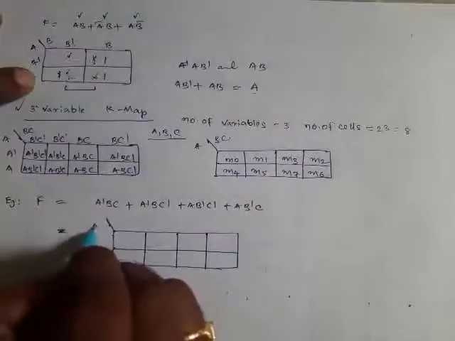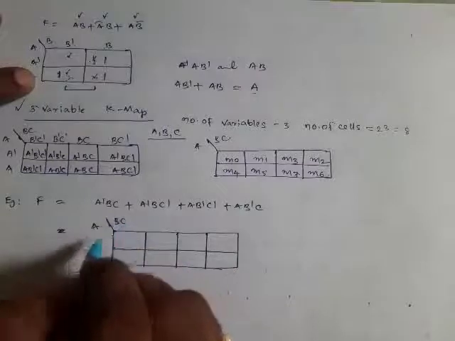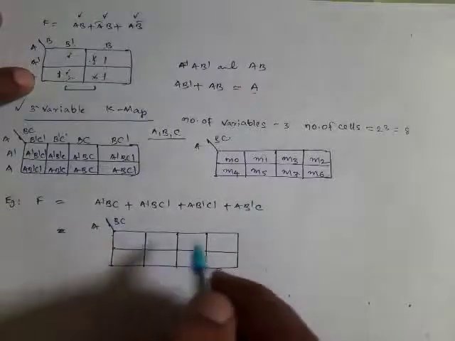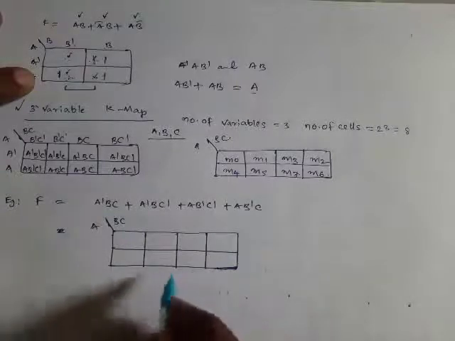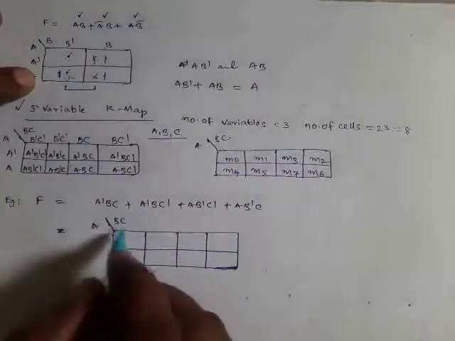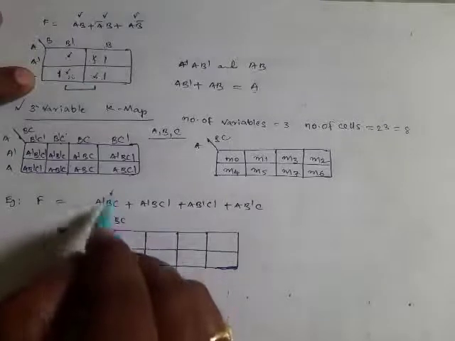You can see that the rows are represented by the variable a and the columns by the variables b, c. Now we can start entering the minterms into the K-map. So the first is a bar b c.